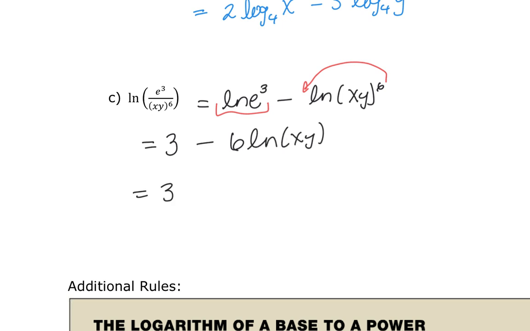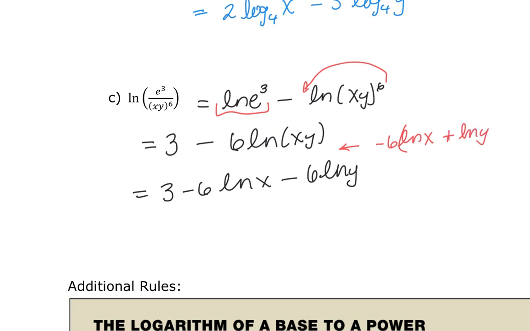So this becomes 3 minus 6 the natural log of x, minus 6 the natural log of y. And the step that I had right here is I know that I'm going to have a negative 6 multiplied by the natural log of x plus the natural log of y. And then all I did was I distributed the negative 6 through.